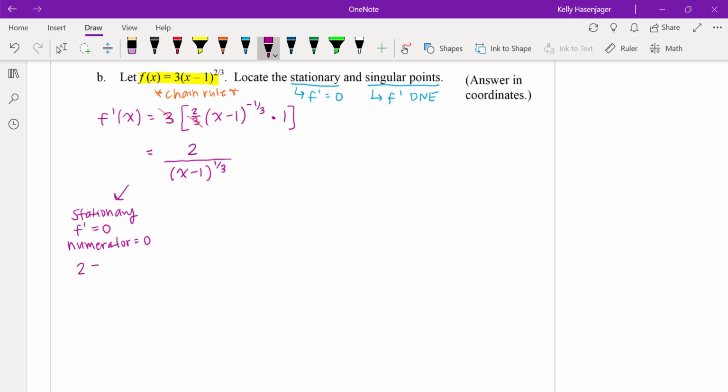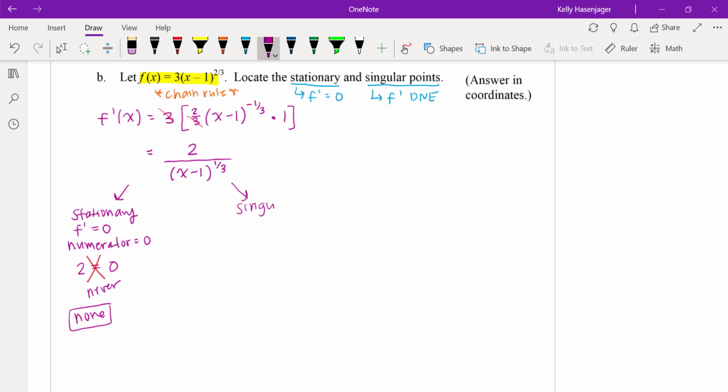So 2 equals 0, and we know 2 does not equal 0, that's for sure. And there's no variable in there, so there's no way we could possibly make that a true statement. This is never going to be true. So that tells us that the numerator will never be 0, which means there's no stationary points.